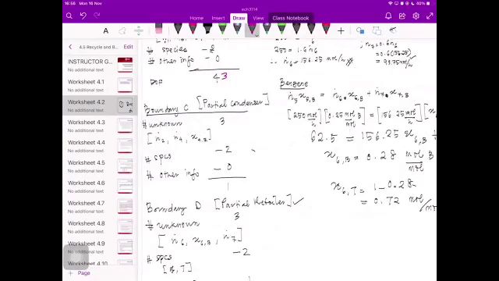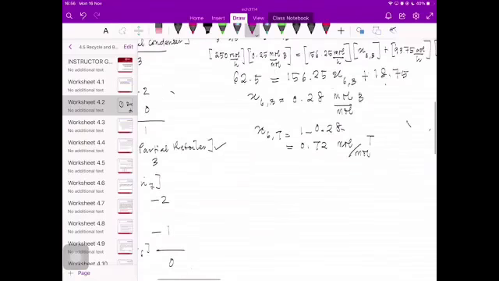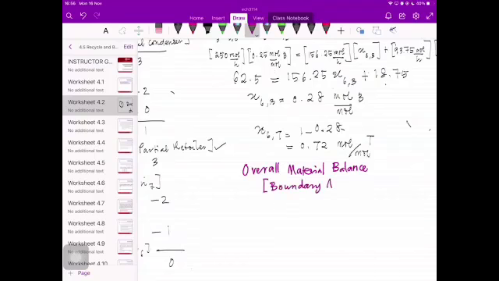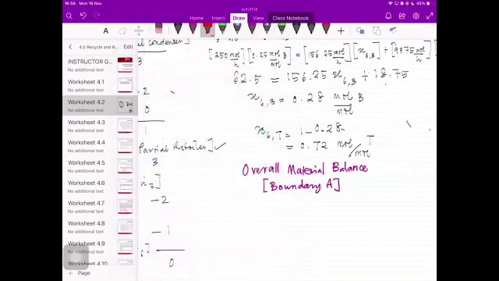Okay, let's now go into our overall material balance. So the overall material balance will be around boundary A. So what do we have in boundary A?